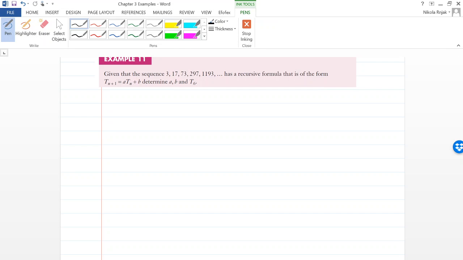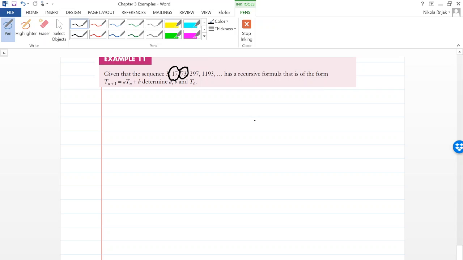Okay, so the best way to do this is algebraically. You could guess the numbers for A and B and see if it works for the rule, but doing it algebraically is probably the best way. So what you need to do is just pick 2 terms as examples. So you pick 17 and 73. With these 2 terms, we know that 73, if we start off with, is term 3.